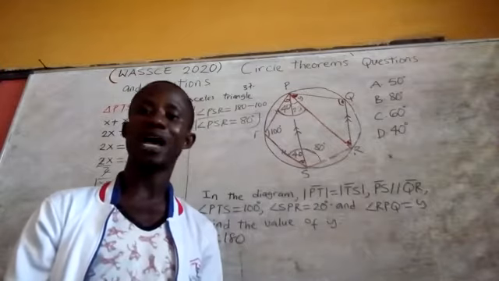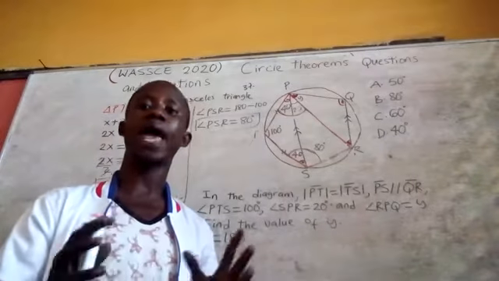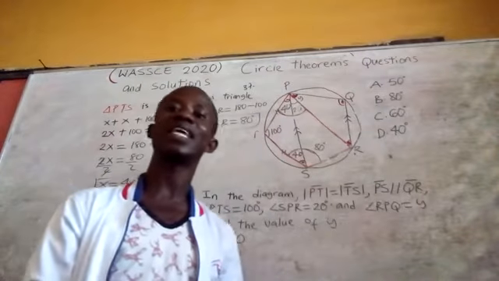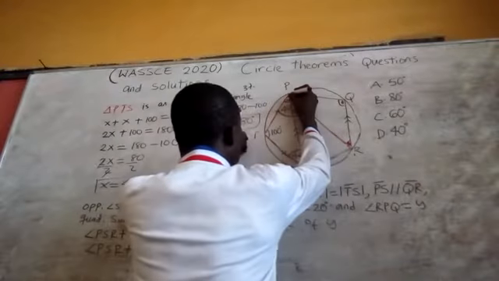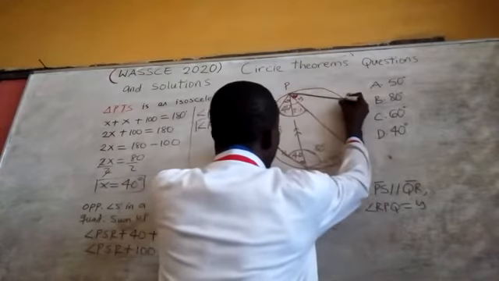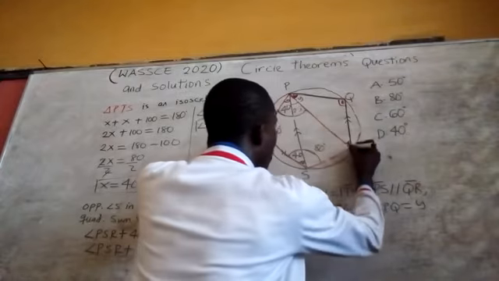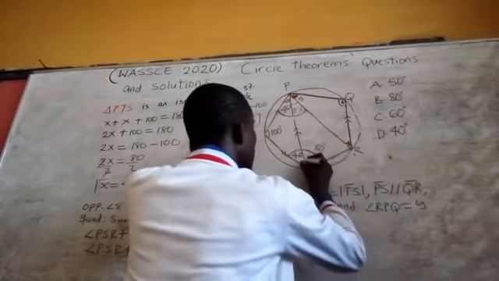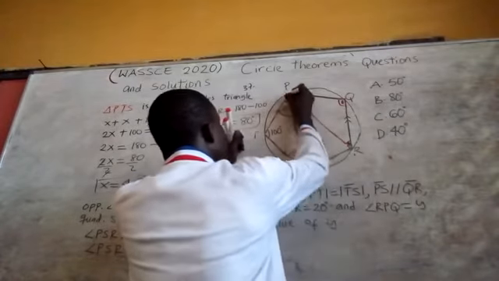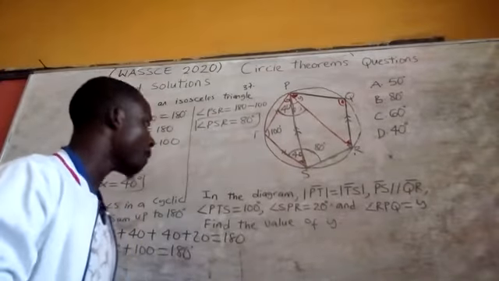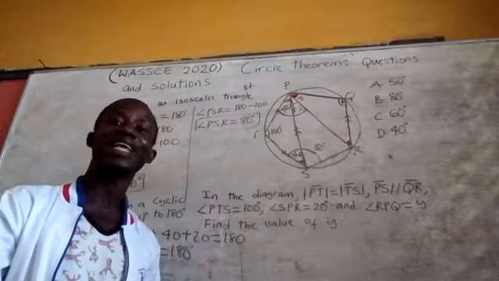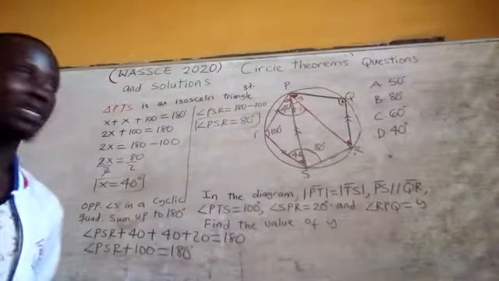Therefore, opposite angles add up to 180 degrees. So considering quadrilateral P, Q, R, and S, a cyclic quadrilateral, opposite angles sum up to 180 degrees. So let's see this.